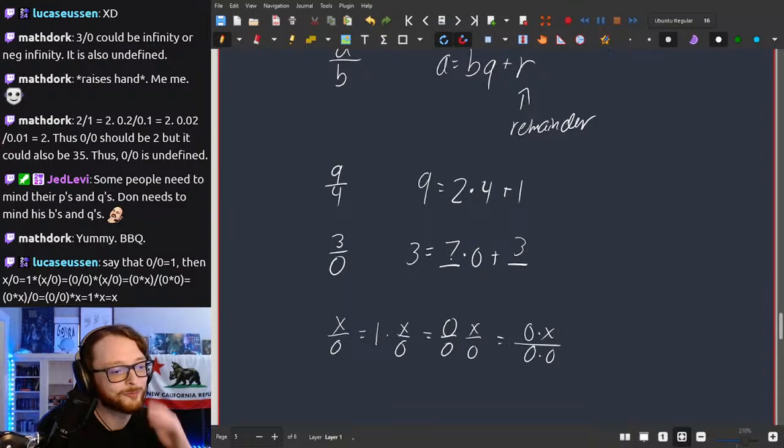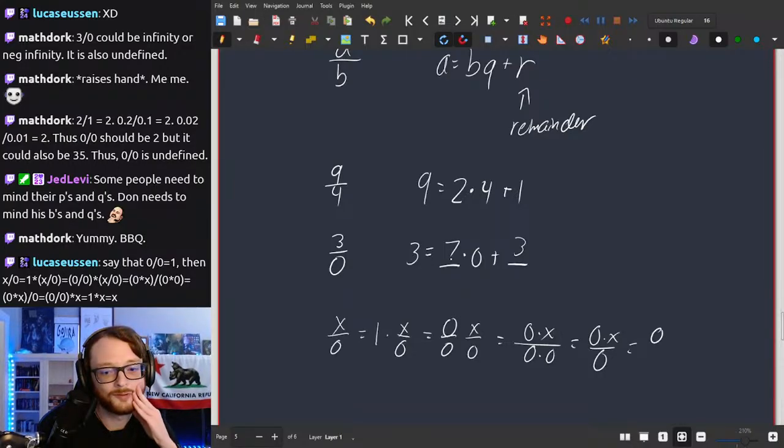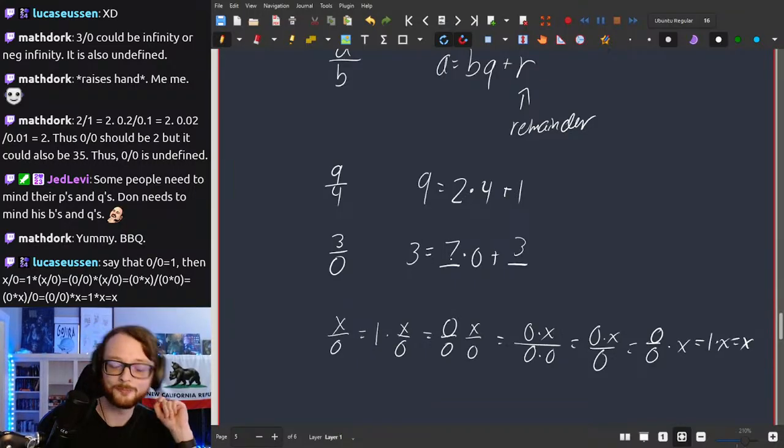You're playing real fast and loose with the math here, but I'm just going along with it. Which is equal to 0 over 0 times x, which is equal to 1 times x, which is just x.